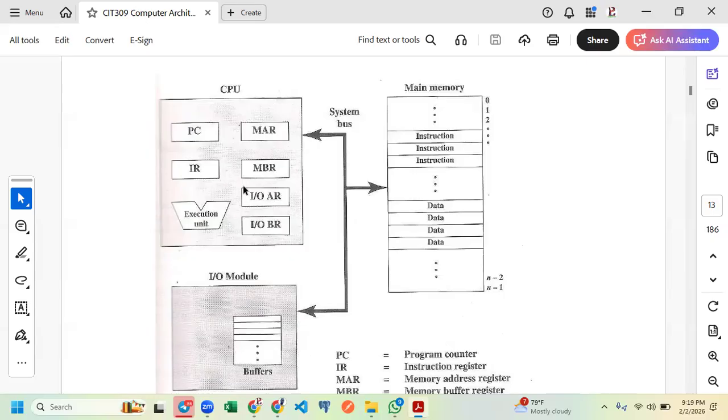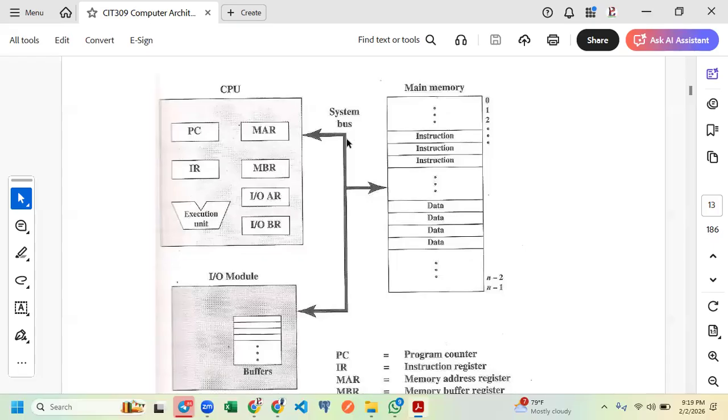Inside the CPU we have the MAR, the memory buffer register, the input-output address register, and the input-output buffer register, and then the execution unit, all inside the CPU.